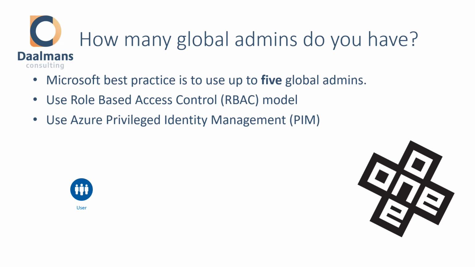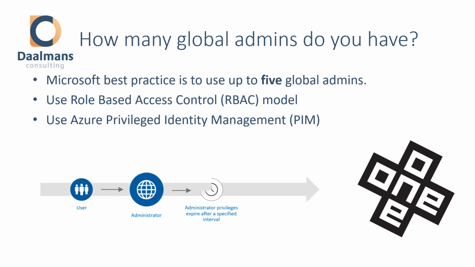So in this case, a normal user needs an administrator role for Exchange for only a certain amount of time, 1 or 2 or maybe 4 hours to perform a job. And after that, the permissions are being removed. So you don't have a lot of administrators with a lot of privileges in your environment.